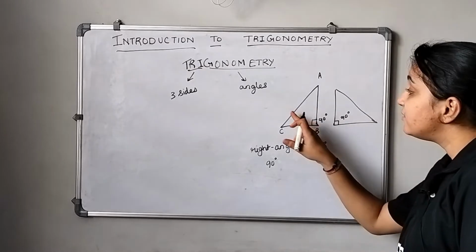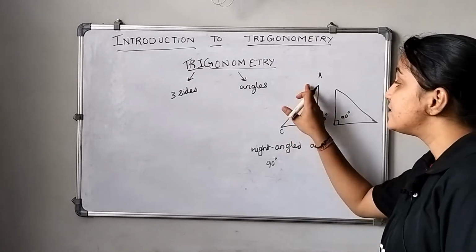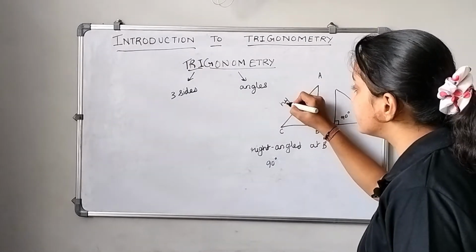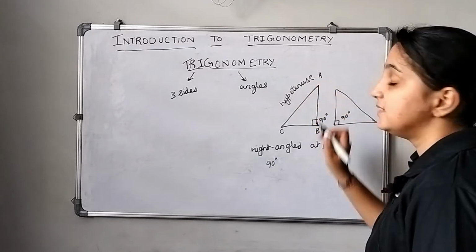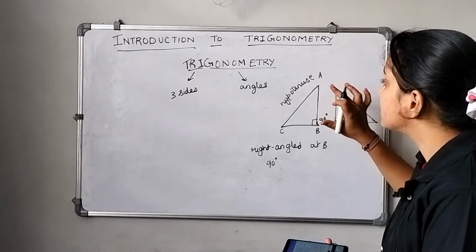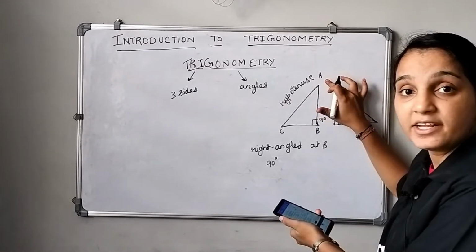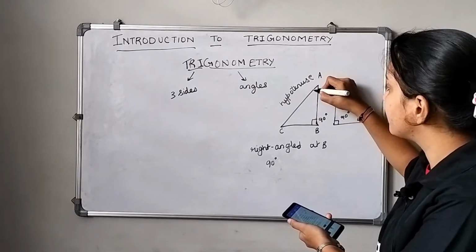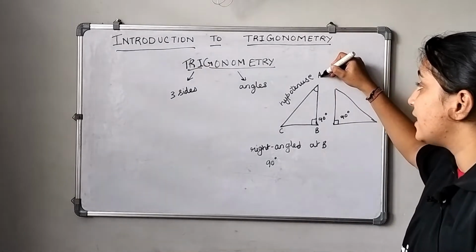And what is the side which is opposite to the 90 degree angle? This side is called hypotenuse. Now, if I take in consideration that I have to see my angle A, which is the side which is attached to angle A?